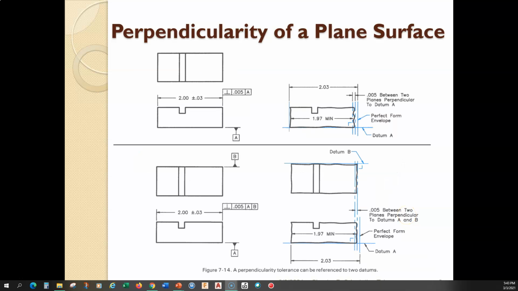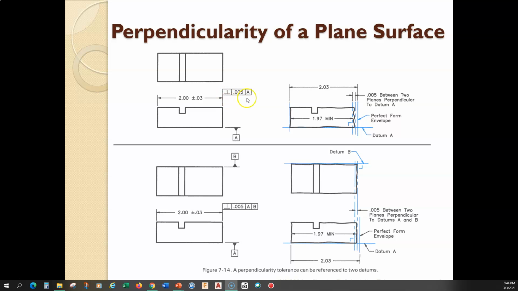All right, so let's look at some more examples here. Perpendicularity of a plane surface. In the top drawing here, we just have a surface, this edge of the part, and we have a top view and a front view. So we have this edge of the part. We want to hold it to be perpendicular to the bottom surface. So we have the feature control frame.